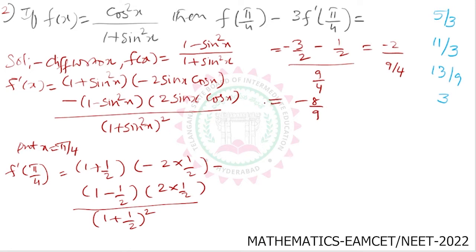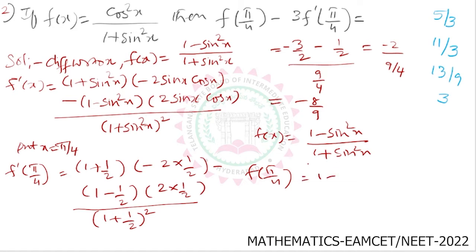Okay. Now I want f of 5 by 4 also. So if I substitute here f of x, what is f of x? 1 minus sin square x whole divided by 1 plus sin square x. If I substitute 5 by 4 here, sin 45 is 1 by root 2, so sin square is 1 by 2, divided by 1 plus 1 by 2, which is 3 by 2.